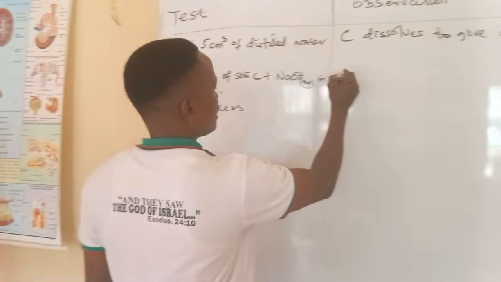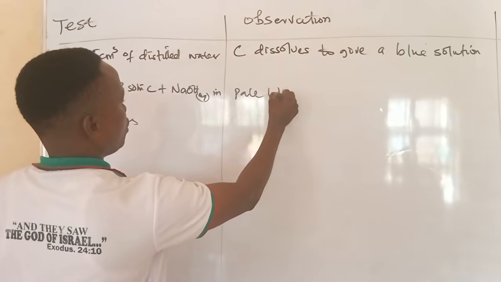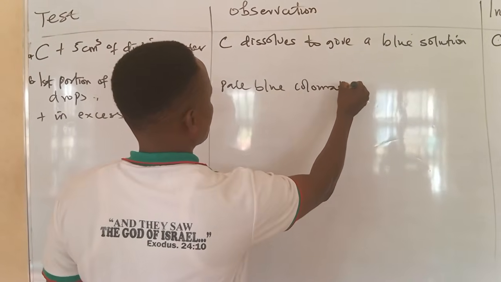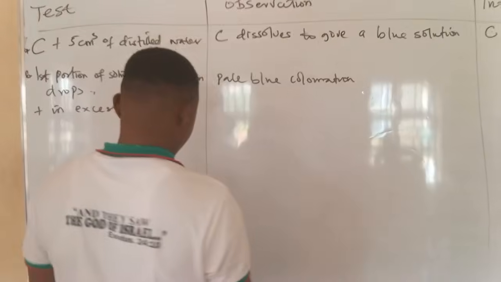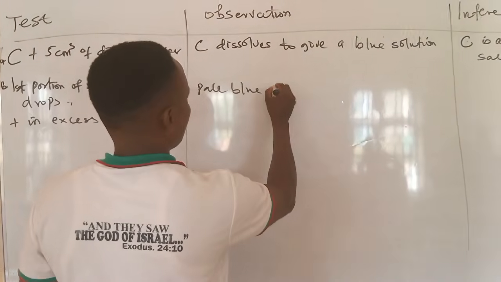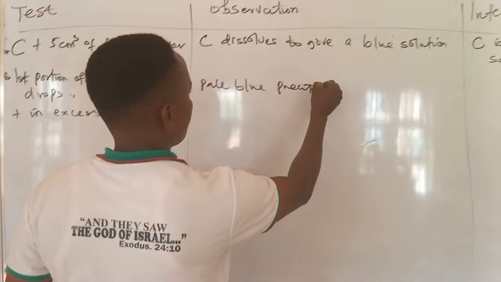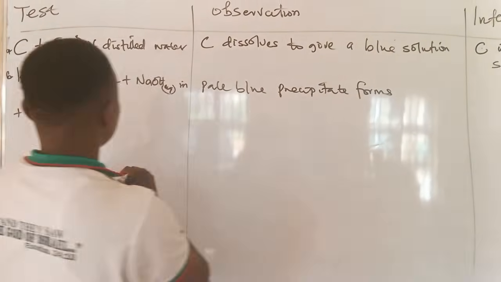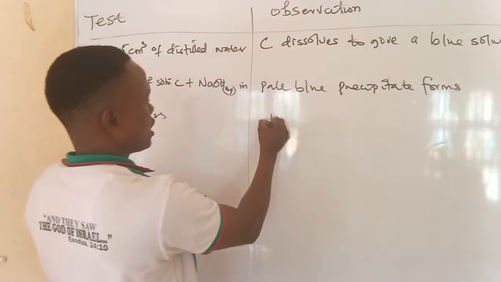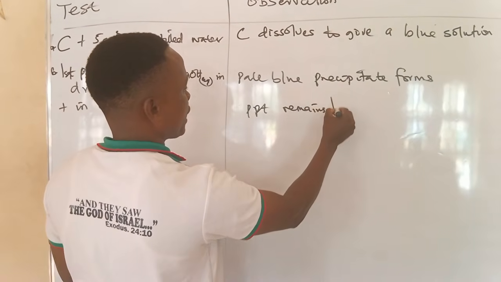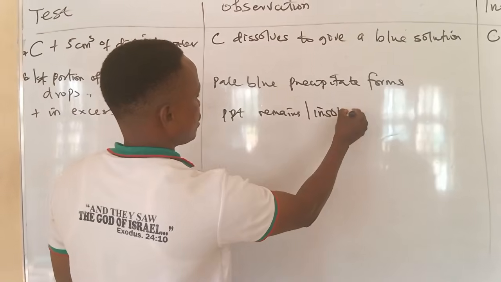We have a pale blue precipitate forms. Now what happened in excess? The precipitate remains, or you can say the precipitate is insoluble.